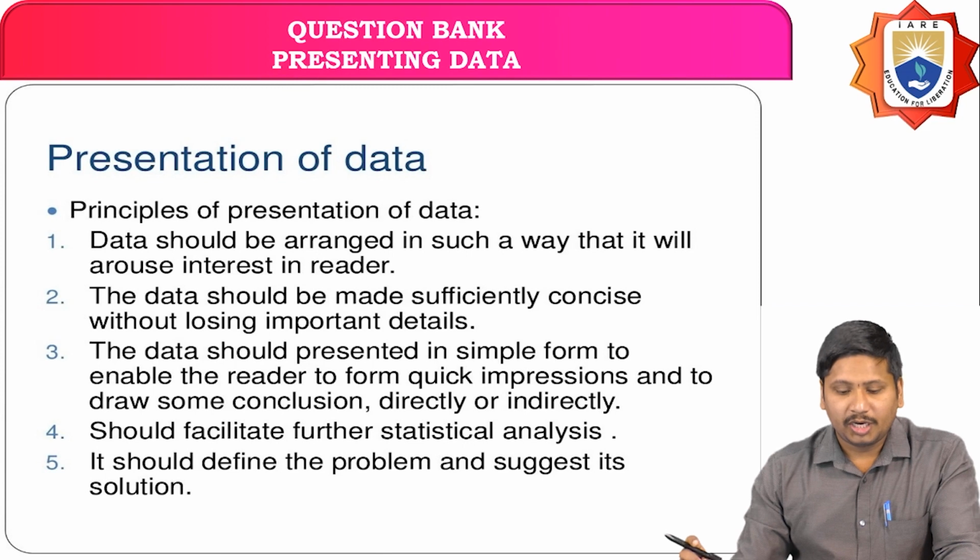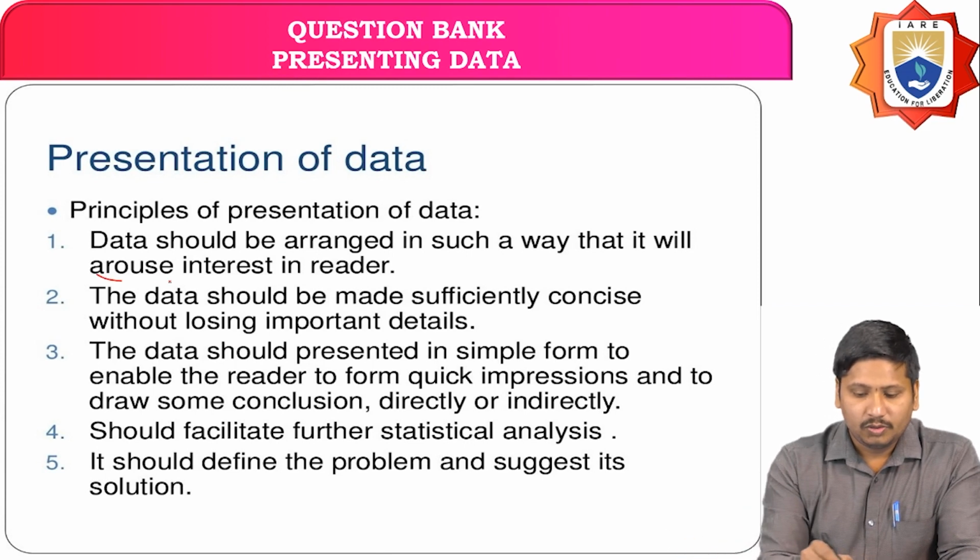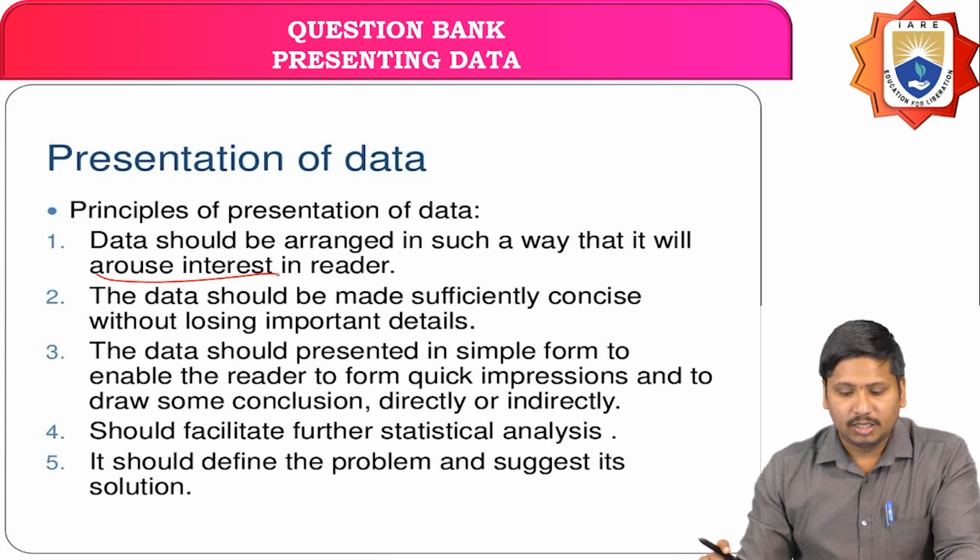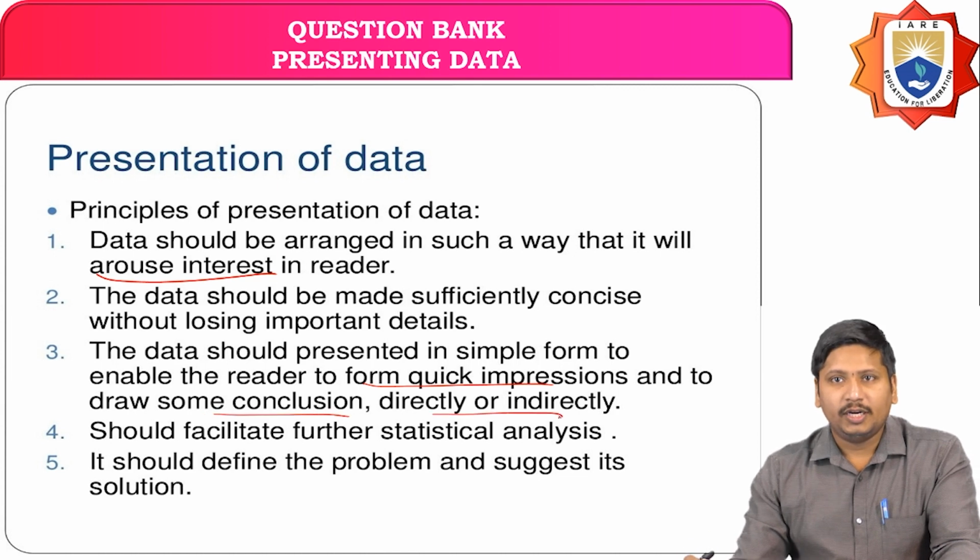It should be able to create some interest in the reader, and the data should be sufficiently concise without losing important details. What is the data we're presenting should be made sufficiently concise without losing important details, and the data should be presented in a form that enables the reader to form quick impressions and to draw some conclusion directly or indirectly.